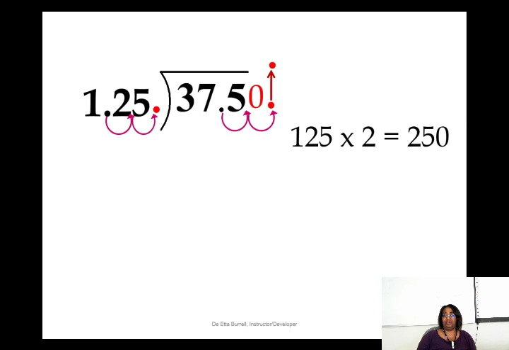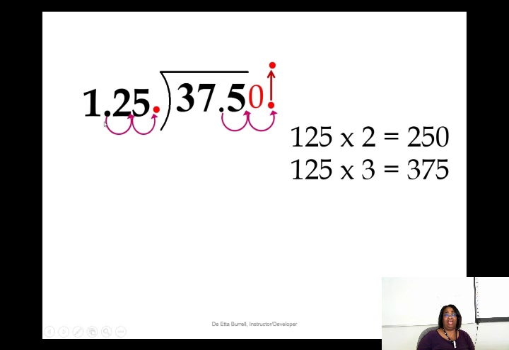I'm still going to use the strategy of a multiplication table so that I can get as close to 375 as possible. What digit should I have above this 5? And how do I know that it's above the 5? Well, these are the questions you should ask yourself.